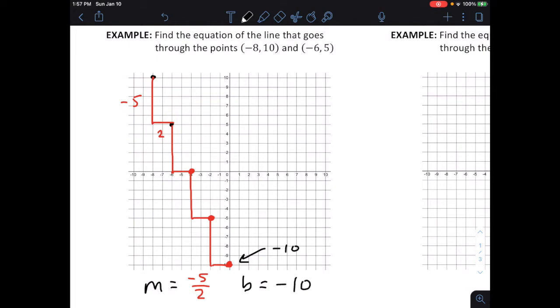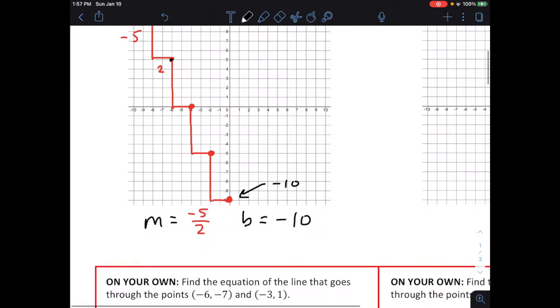Okay, and once I have those two things, I can then write the equation of the line. So the equation of the line, remember, is y equals mx plus b, and we just replace the m and the b with what we found. So we have y equals -5 over 2x, and then -10 because it's a -10.